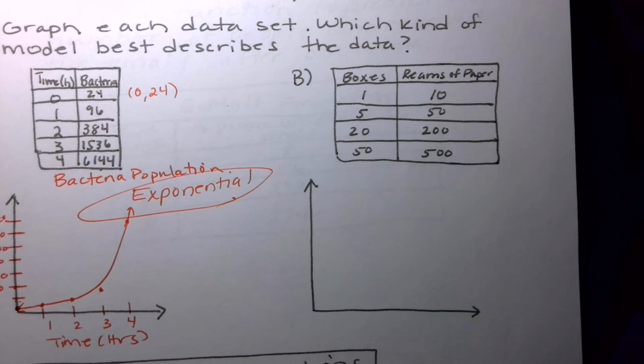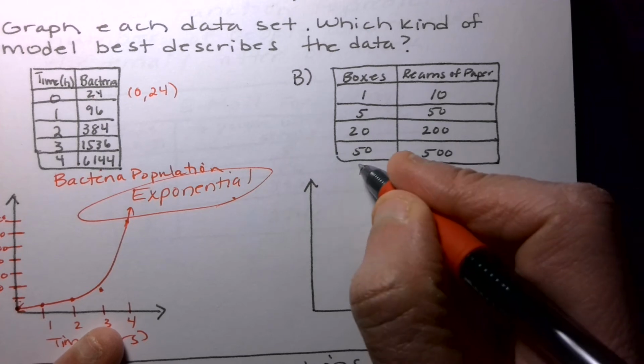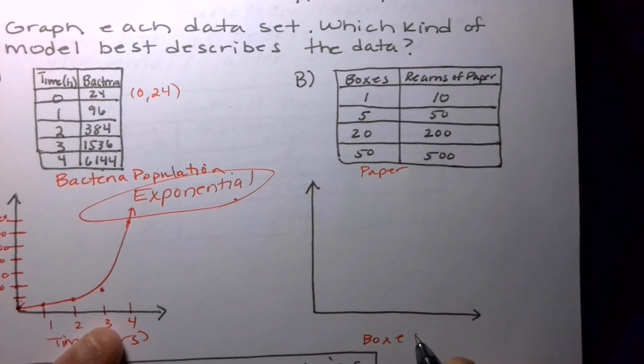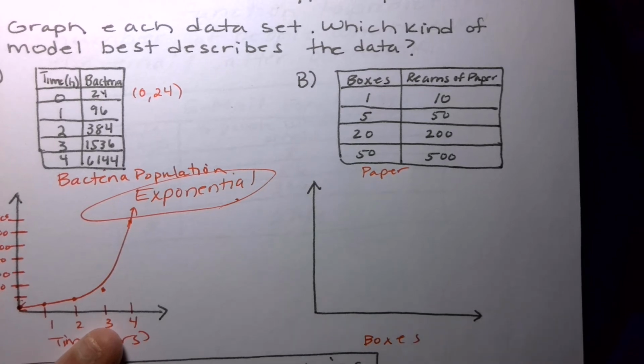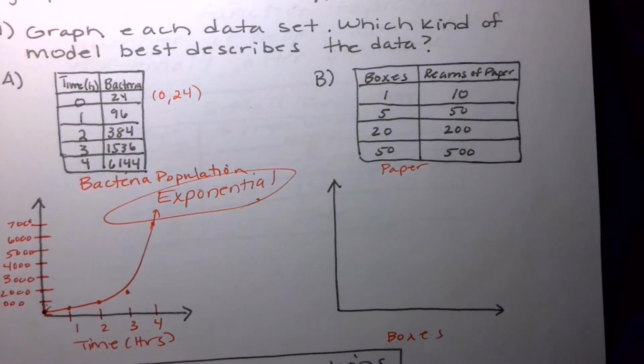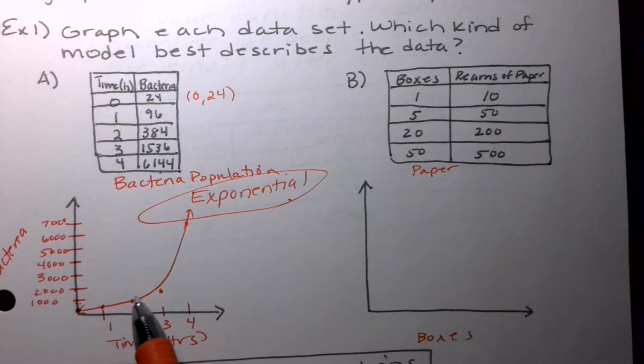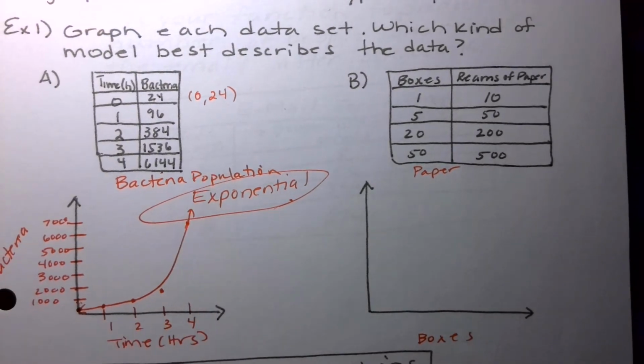All right, so the next one is boxes and reams of paper. Okay, so we have paper here, boxes, and it's kind of fun too, if you can think about it ahead of time, to try to think of what you think is going to happen, like with the bacteria, how it's just going to keep propagating and grow exponentially fast.